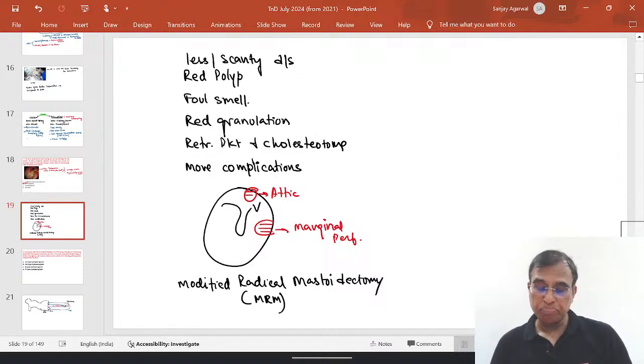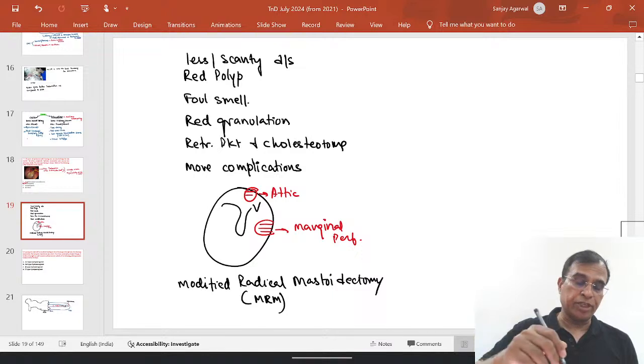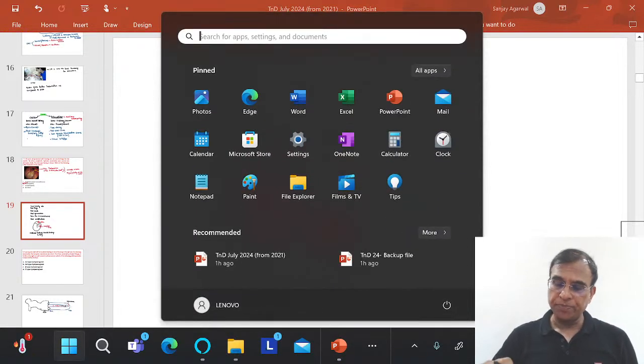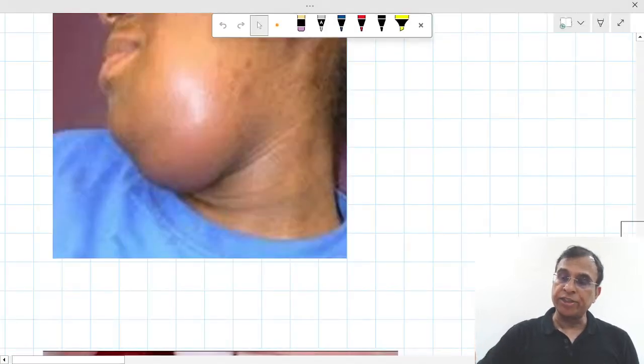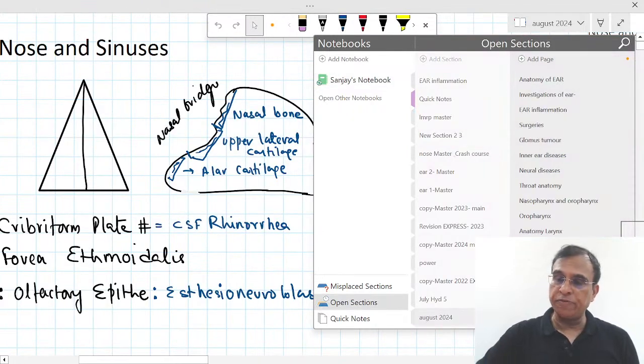there is an atic perforation. So you want to see the difference between a retraction pocket and an atic perforation. Let me show you the image of a retraction pocket and the atic perforation. Let me show you the difference between the two.